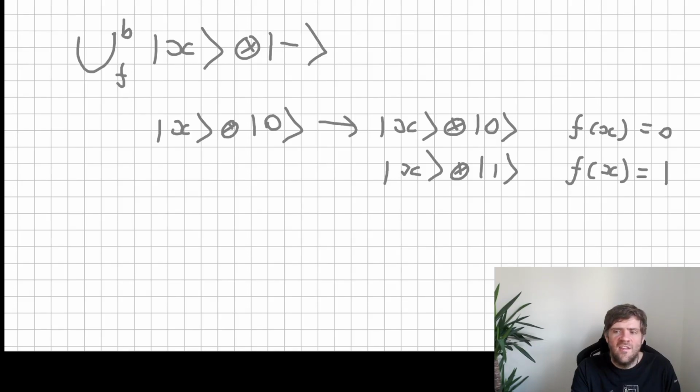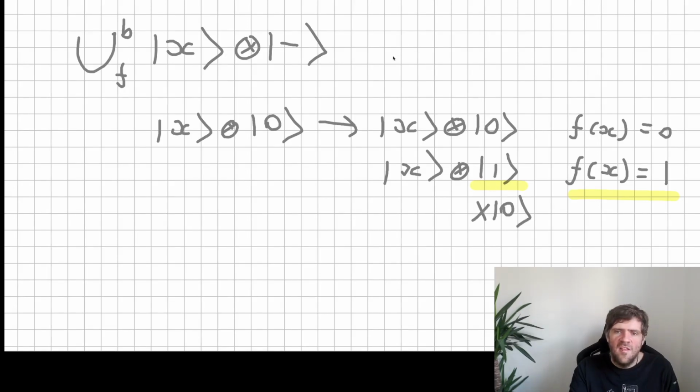And in the case that it is an x that gives you f(x) equals 1, then it applies an X to flip this from a 0 to a 1. So it's sort of like a general form of a controlled NOT, because in this specific case it is applying an X to the 0.